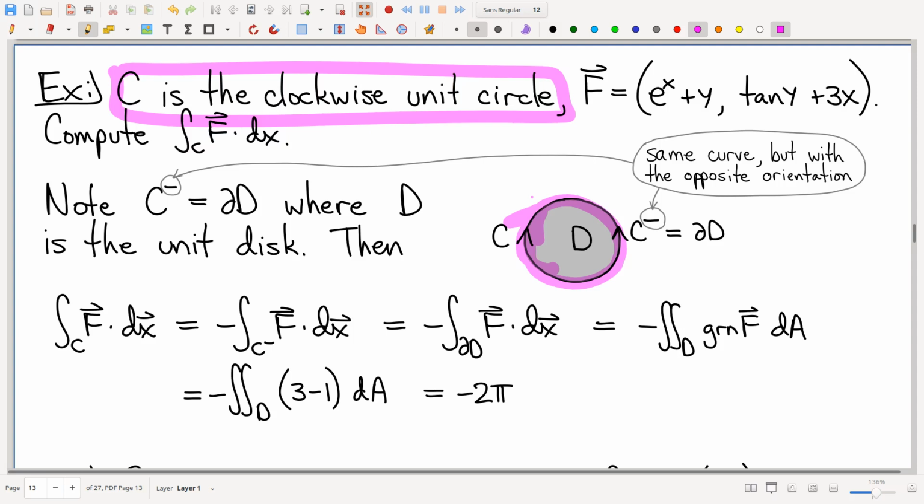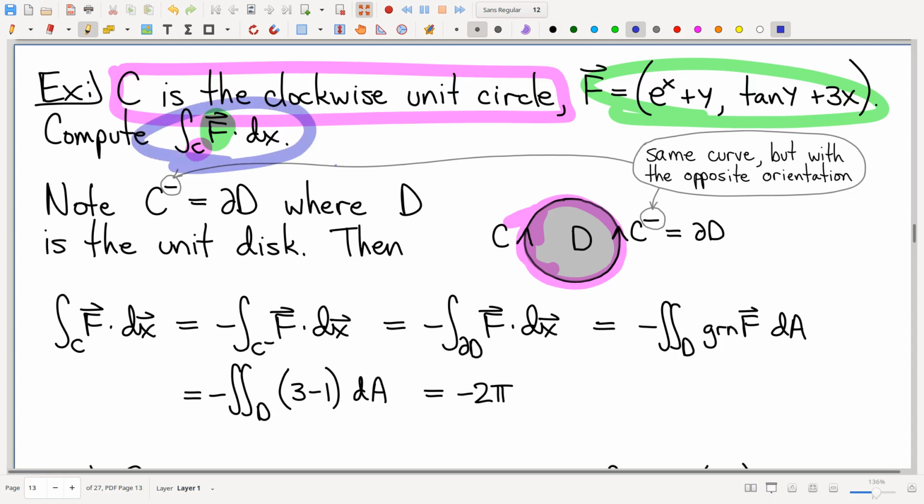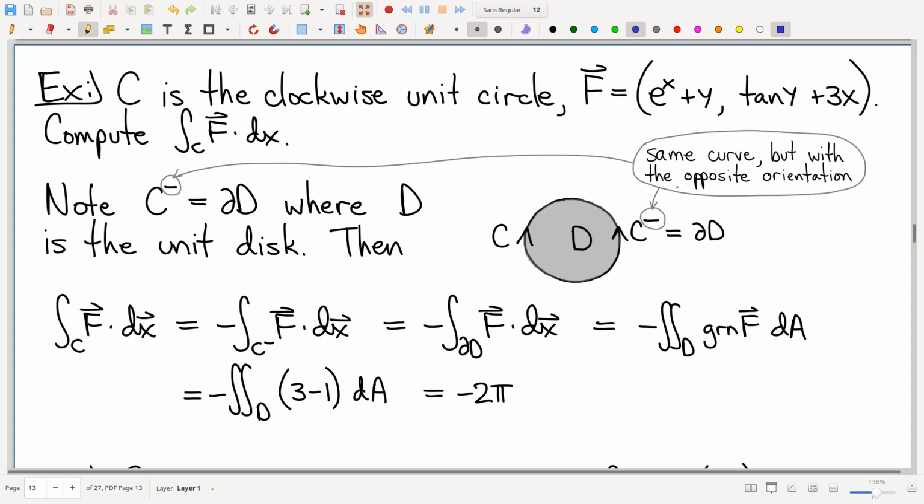Okay. So given that curve and given this vector field, I can ask what is the integral of that vector field over that curve, namely how do I compute this circulation right there. Now I've already kind of given away the big problem. The problem is that this curve is just not a boundary.